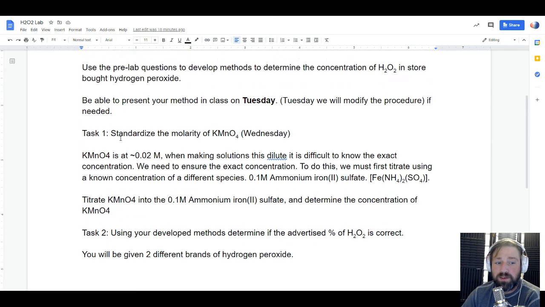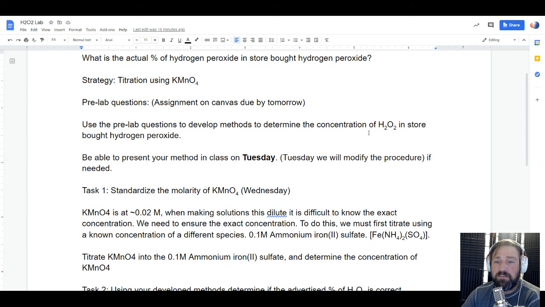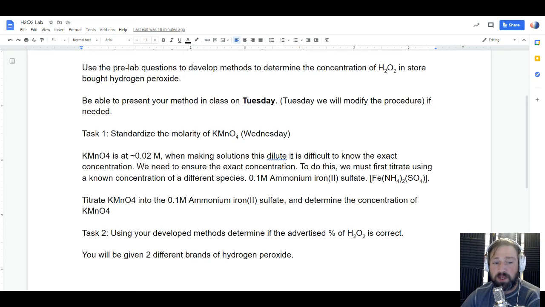Then we're going to use this potassium permanganate to figure out the exact concentration of hydrogen peroxide. That's the general strategy. So step 1 is do a titration with ammonium iron 2 sulfate and potassium permanganate. We're going to do that on Wednesday.